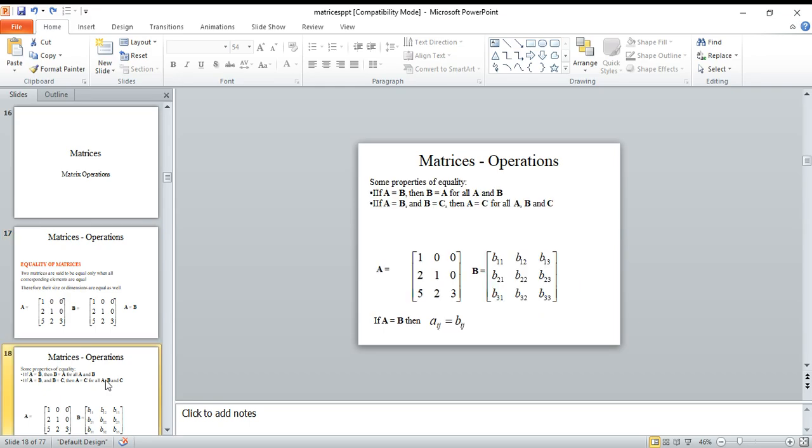Matrix operations. Every matrix has addition, subtraction, multiplication, and some properties. Some properties of equality.